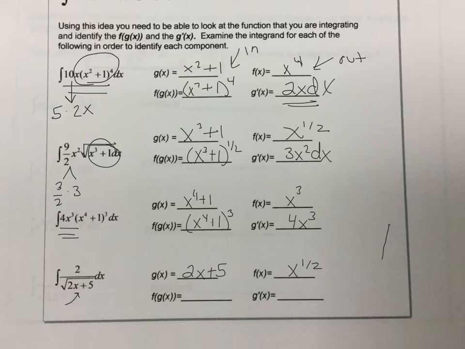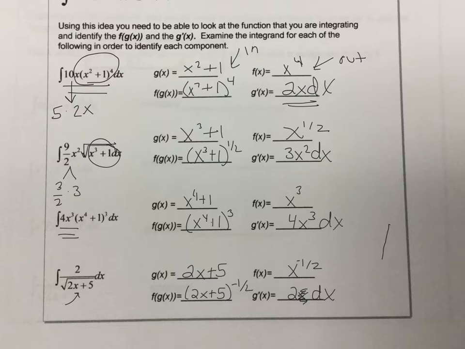The composition is 2x plus 5 to the negative 1/2. Then for g prime of x, that would be 2x dx. Just kidding, I hope you caught my mistake. It would actually just get rid of that x there. It would be 2 dx.